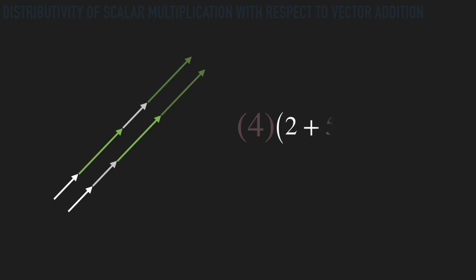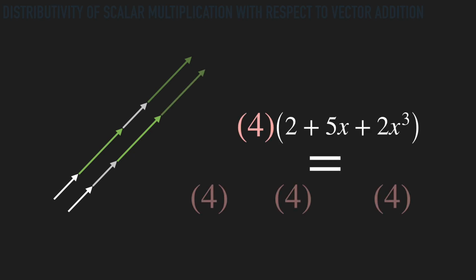Also note that adding two vectors and then scaling them by, say, 2 is the same as first scaling them by 2 and then adding. The scalar gets distributed over the individual summands.